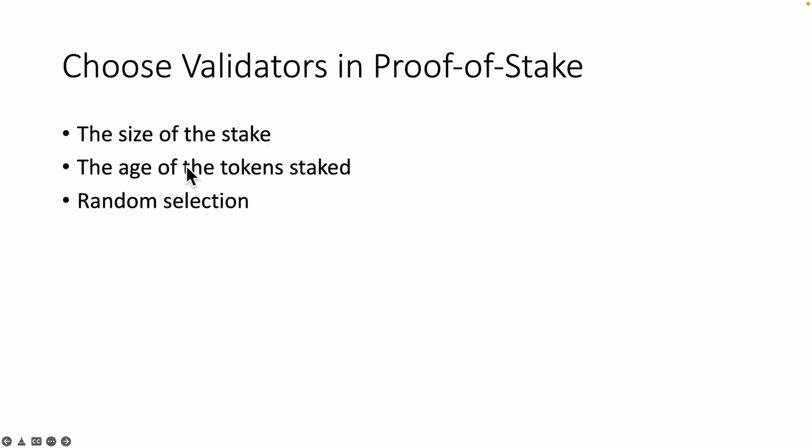The other thing is the age of the token staked. The longer the tokens have been unspent, the higher the chance of being chosen to validate. Once that stake is used to verify a block, its age will reset to 0.